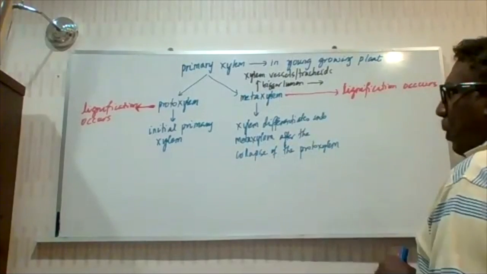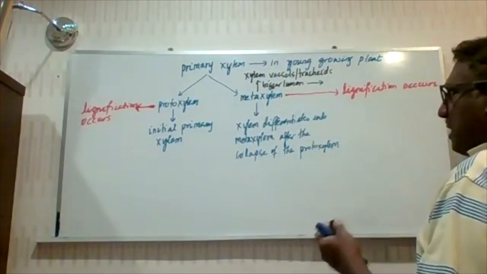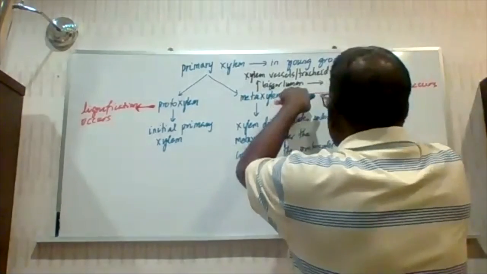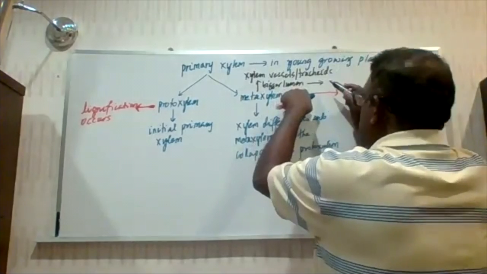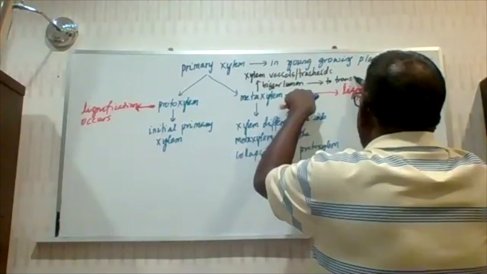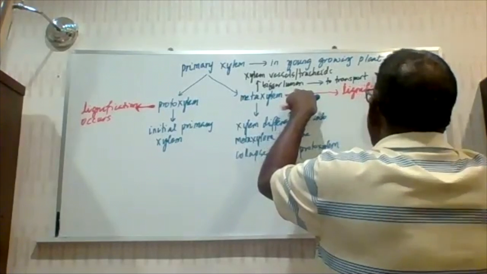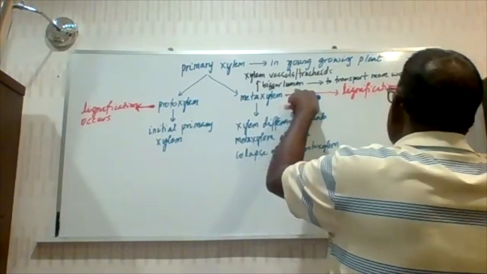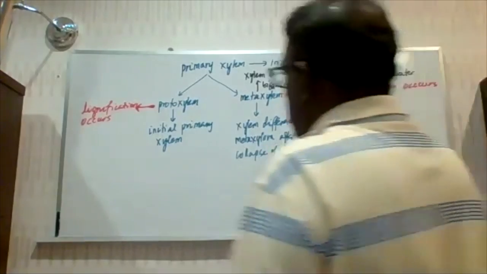Its requirement of water is much higher. Its demand for water is much higher. So the bigger lumen is a form of adaptation, necessary to transport more water and supply the plant with more water. So you got to have that idea as well. Use it when necessary.